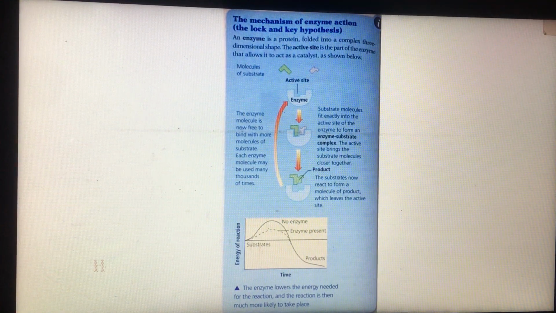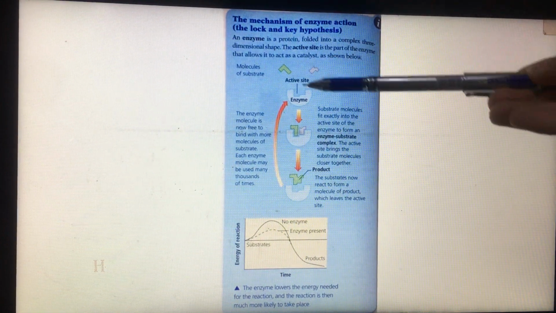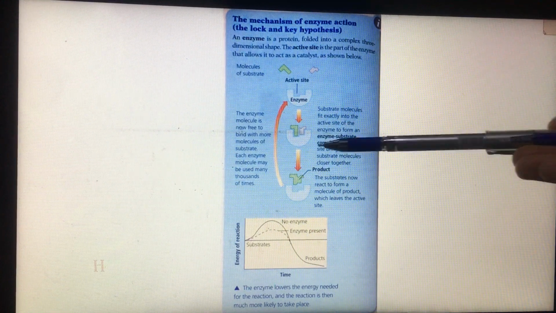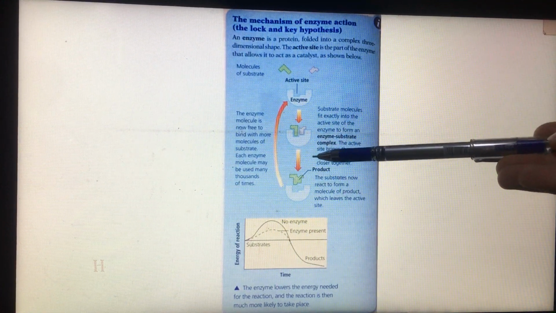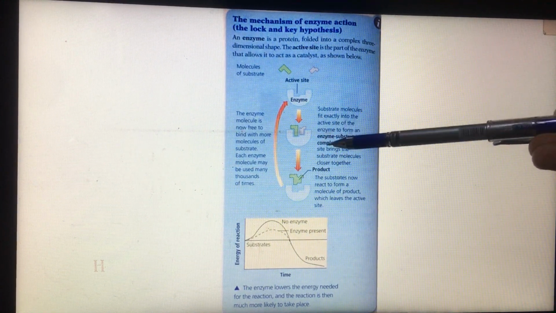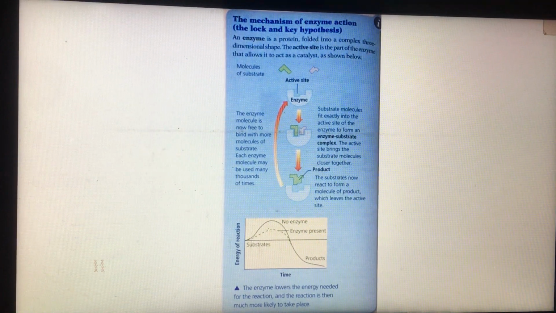Now what will happen to substrate molecules when they fit into the active site? Here, substrate molecules fit exactly into the active site of the enzyme to form an enzyme-substrate complex.